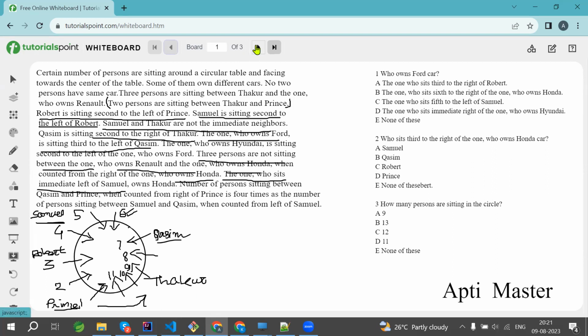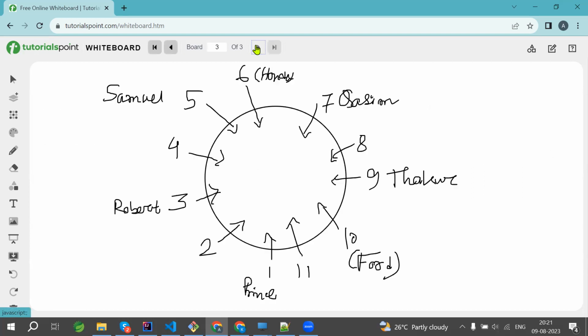So Samuel or the second position. It can be Renault or the second position.